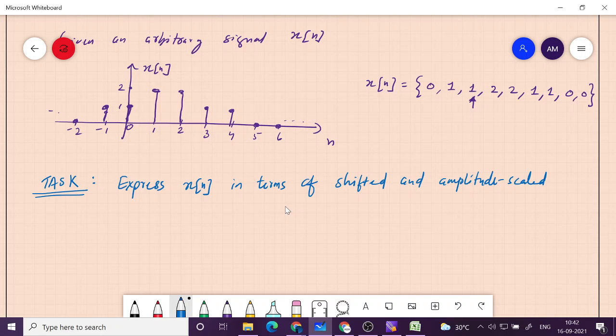For example, multiplying x of t with some number, so that is amplitude scaling.